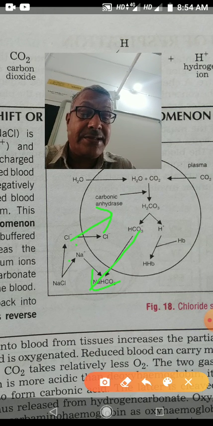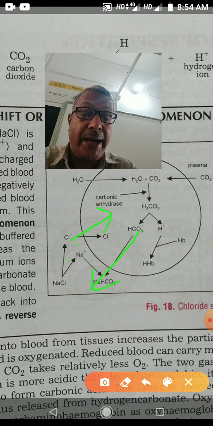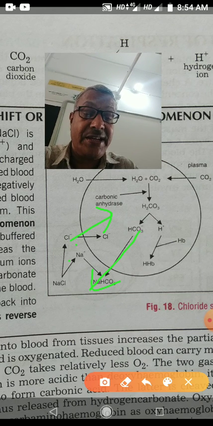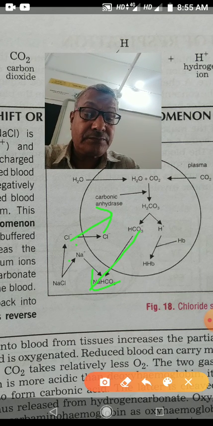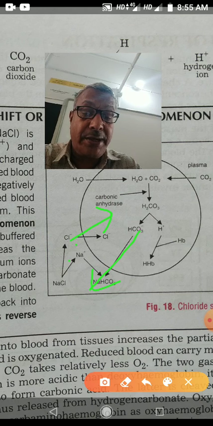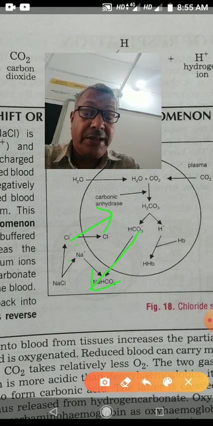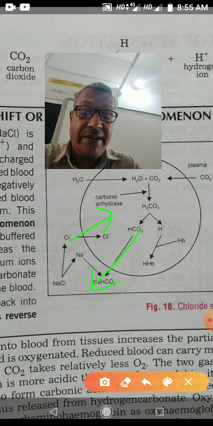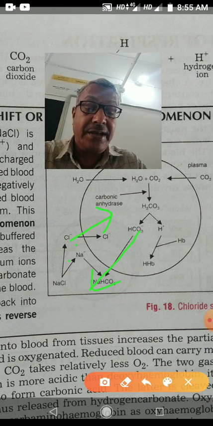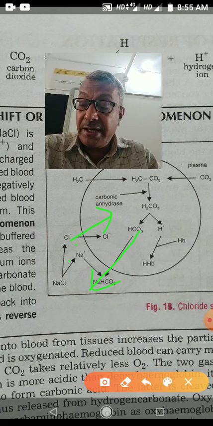The hydrogen ions are buffered by hemoglobin inside the cell, whereas the hydrogen carbonate ion combines with sodium ion in the plasma and forms sodium hydrogen carbonate, and in this form it is transported in the blood. Therefore, I told you, nearly 70% of carbon dioxide is transported as hydrogen carbonate.